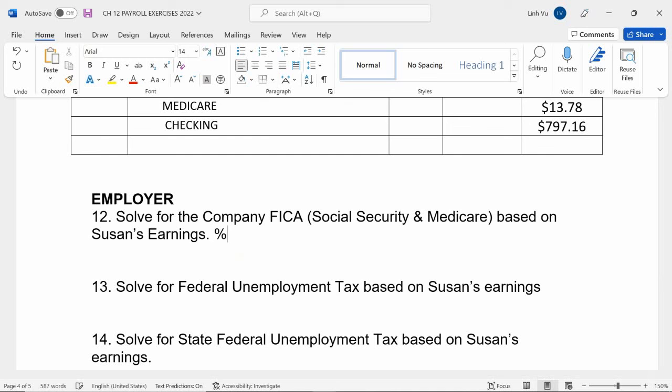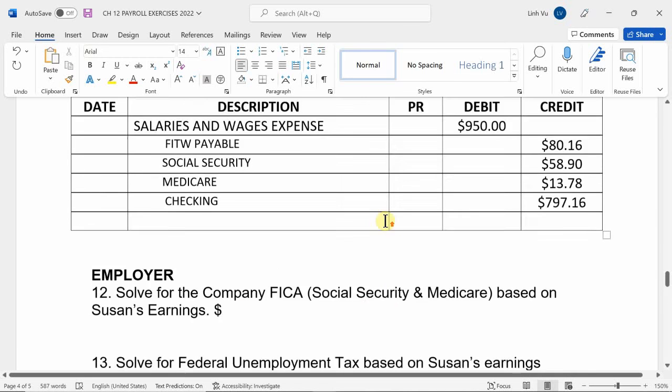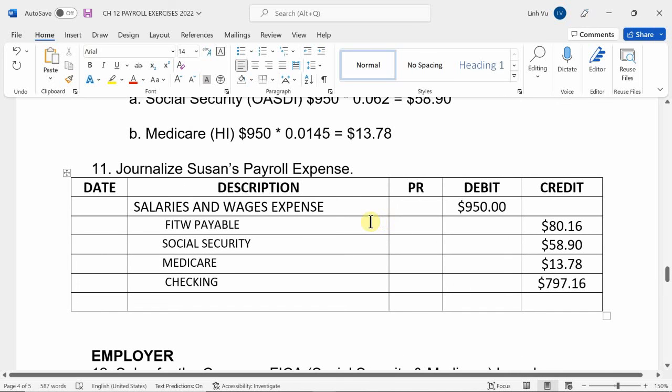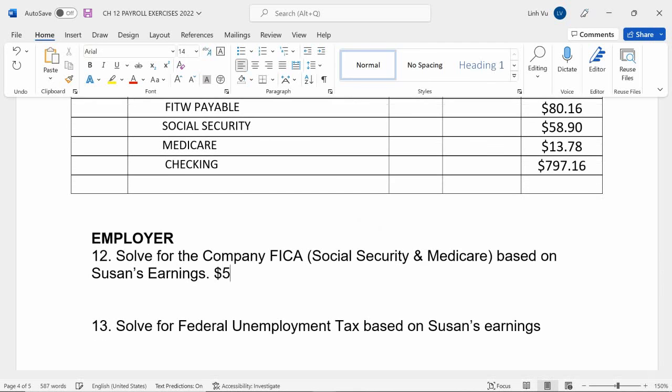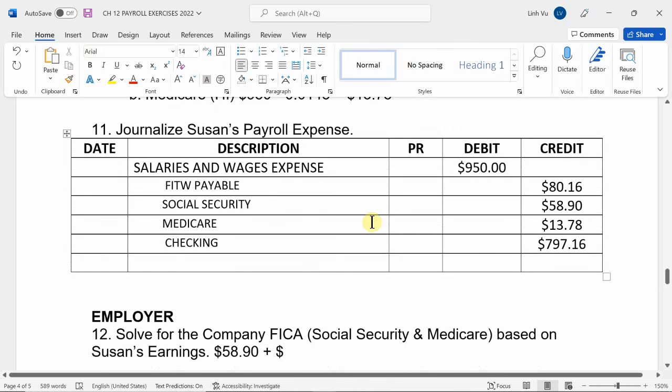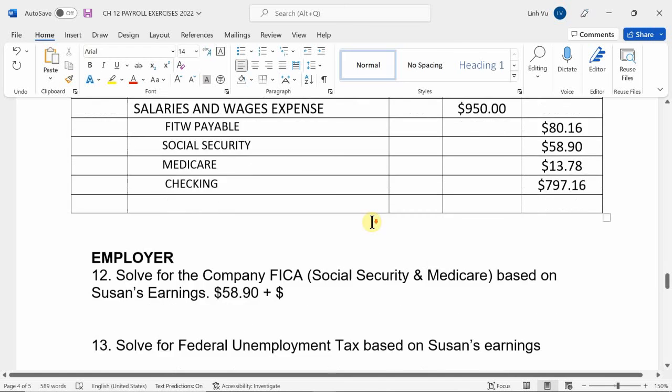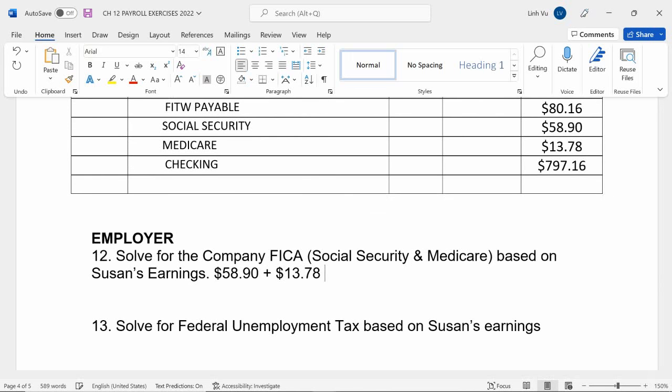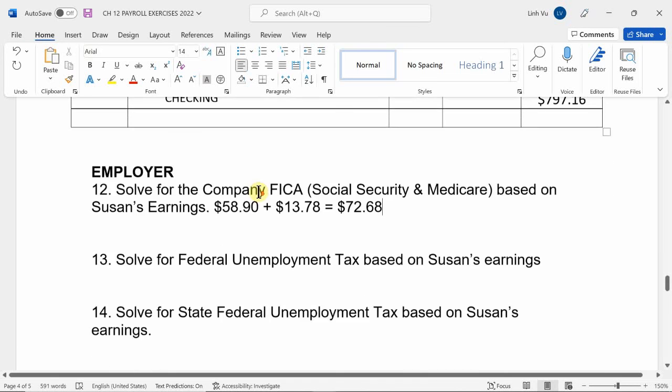What was Social Security? 58.90, plus the Medicare, 13.78, equals 72.68.